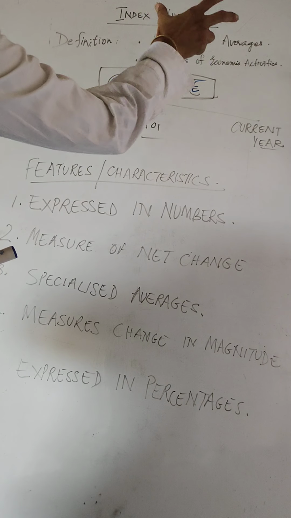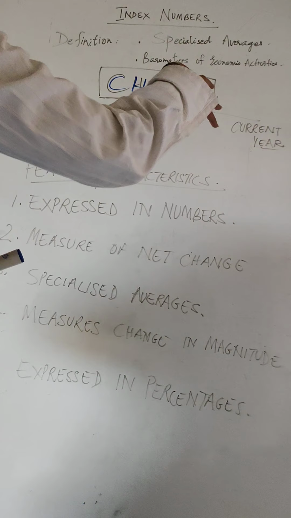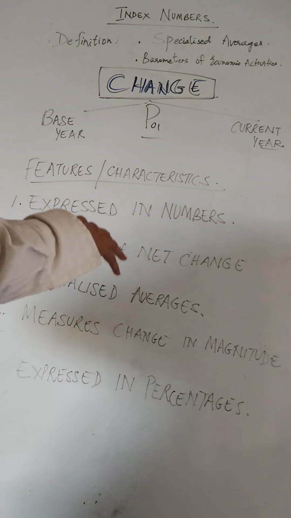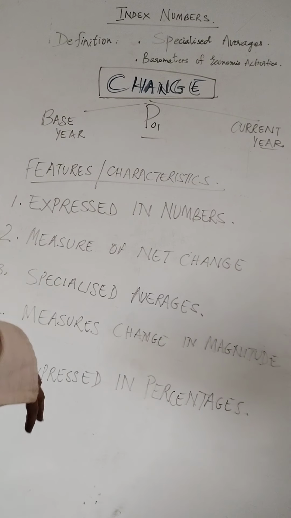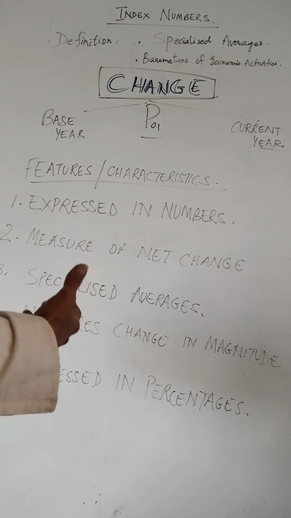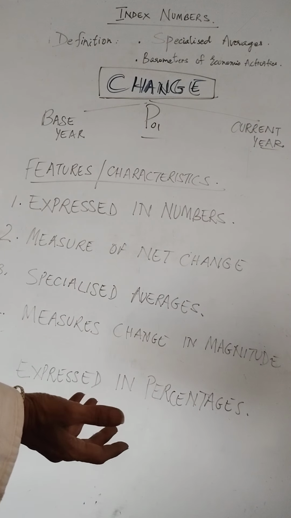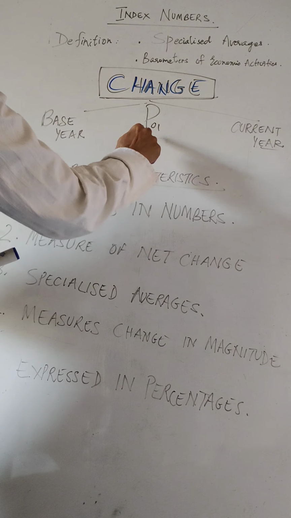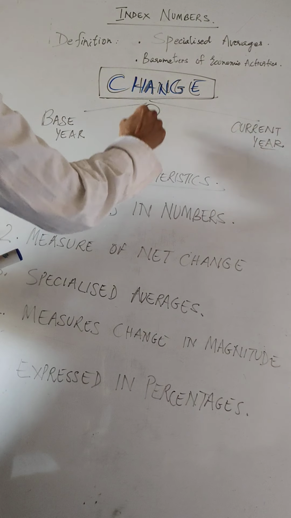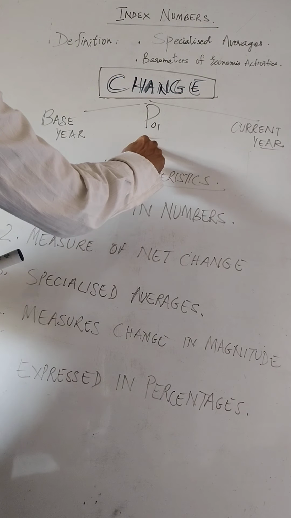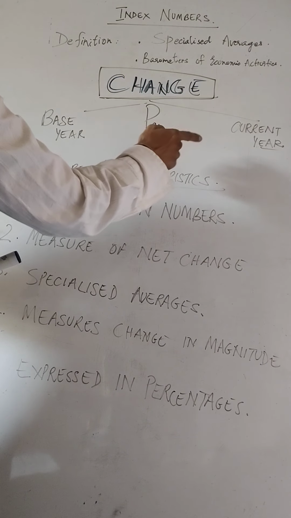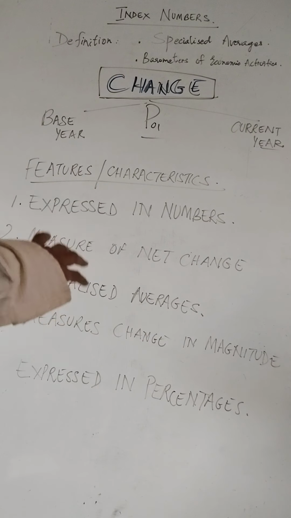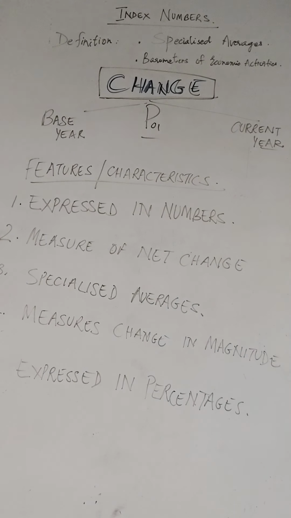By definition, these are specialized averages, and they are barometers of the economic activities that take place in an economy. They tell us what the change has been. As I pointed out, P01, we measure changes. Index numbers show changes in terms of the current year prices with the base year price. If you've understood this, you will know what index numbers are.